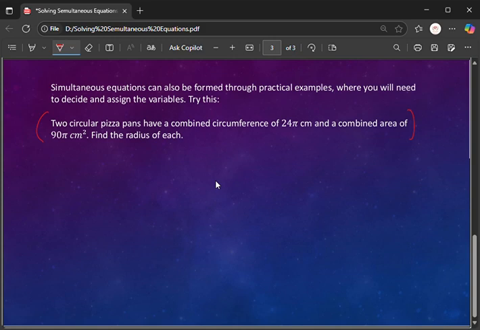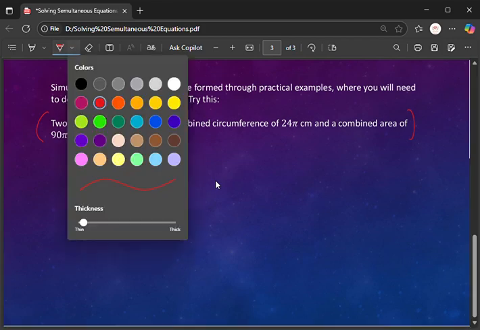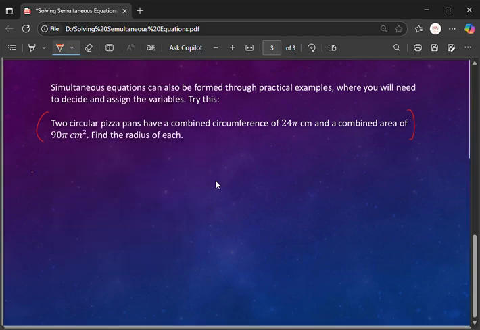How do we apply the idea that we are dealing with today, solving simultaneous equations, one quadratic and one linear? So let's say let the radius of pizza pan 1 be x, and then let the radius of pizza pan 2 equal y.